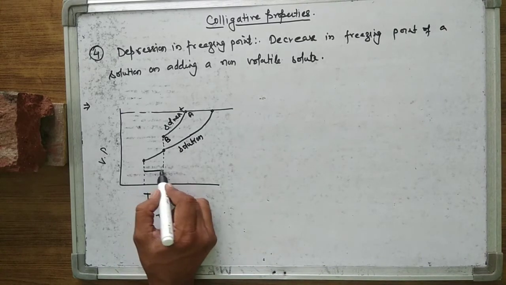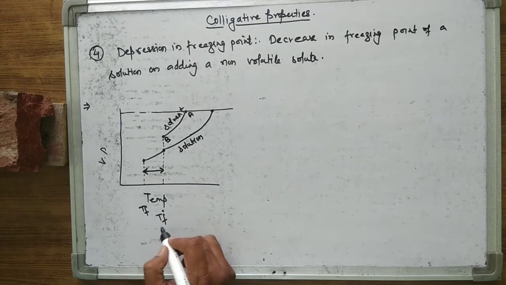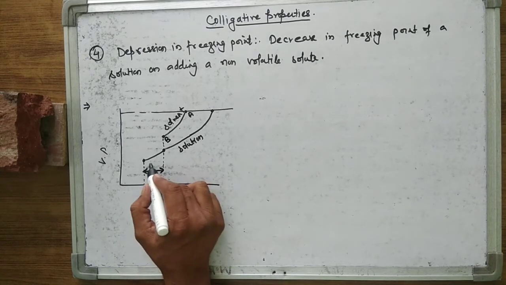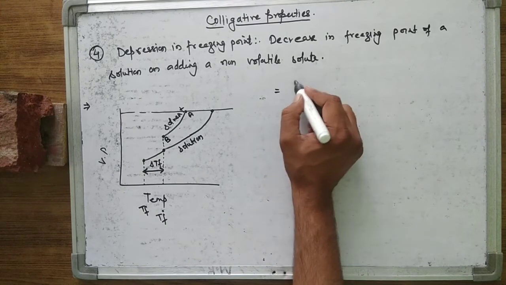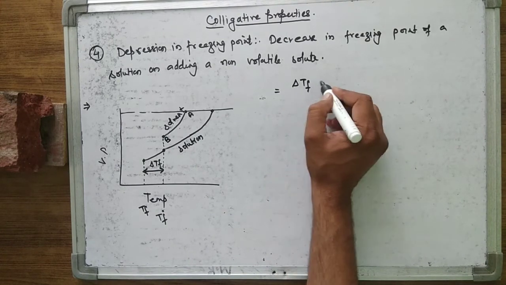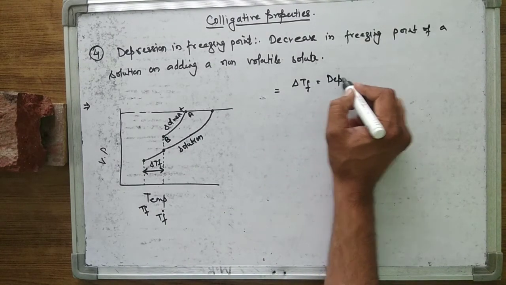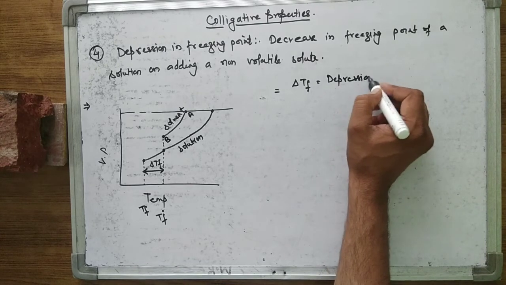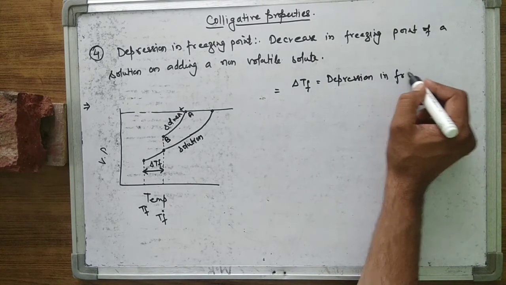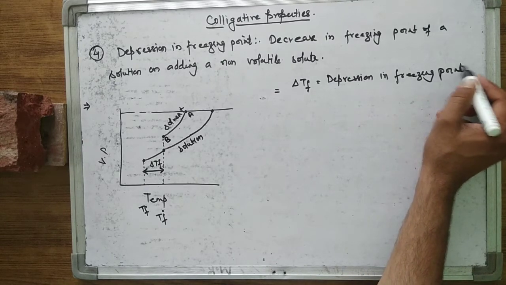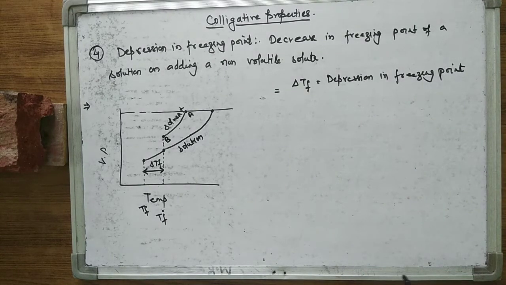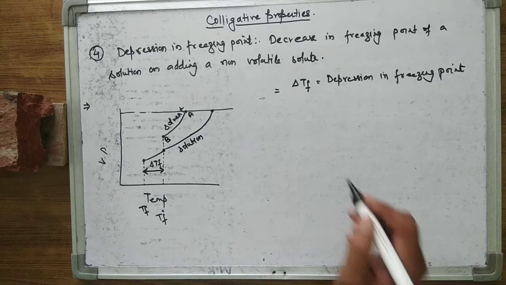The difference between TF naught and TF is known as delta TF. Delta TF is the depression in freezing point, the decrease in freezing point of a solution on adding a non-volatile solute.